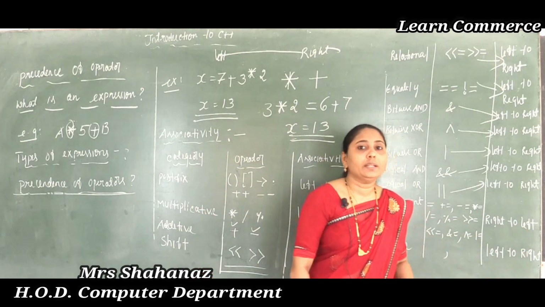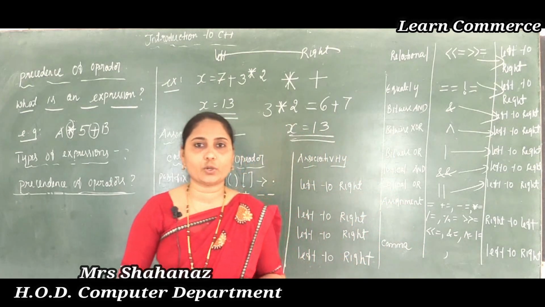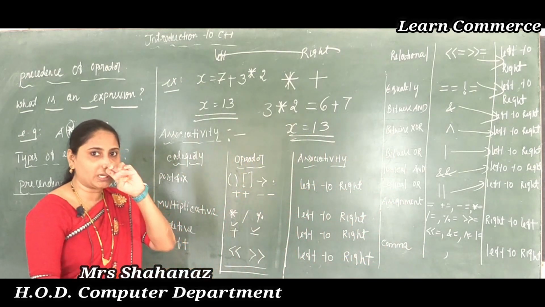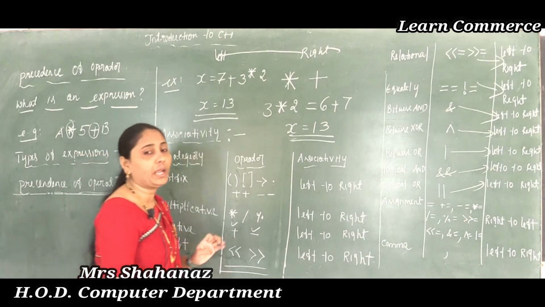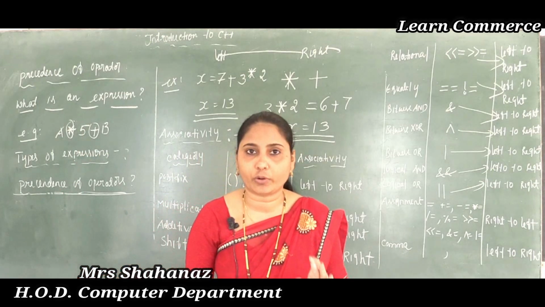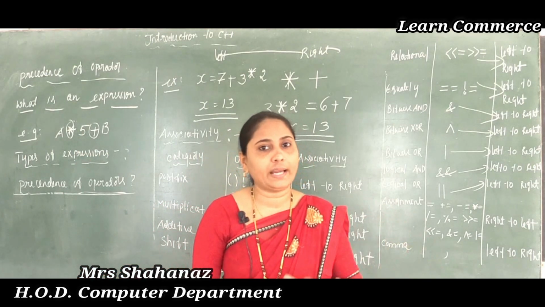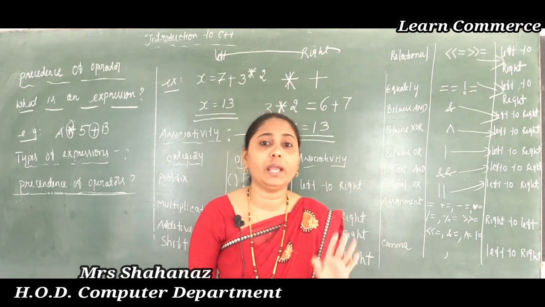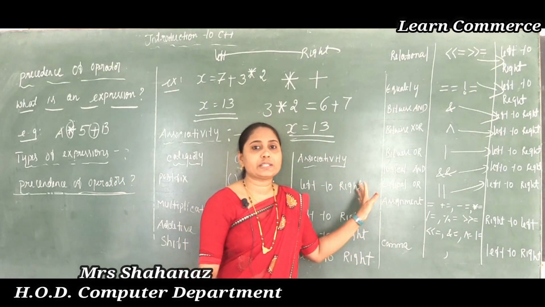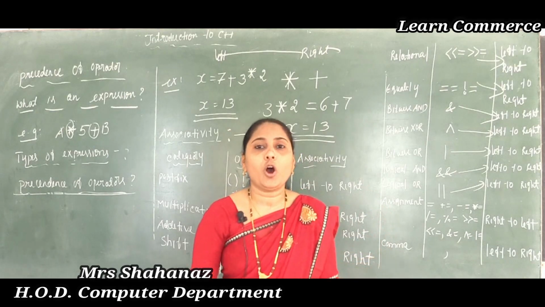Clear this point here, the right to left. So all are the associativity of an operator. So now the meaning of associativity is clear. That means the operator is going to calculate either from left to right or right to left depending on the level, and this is called the associativity property of an operator.